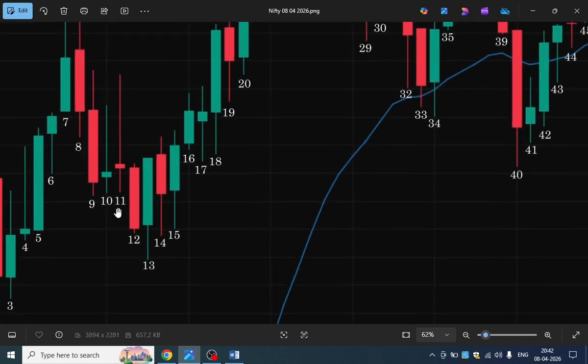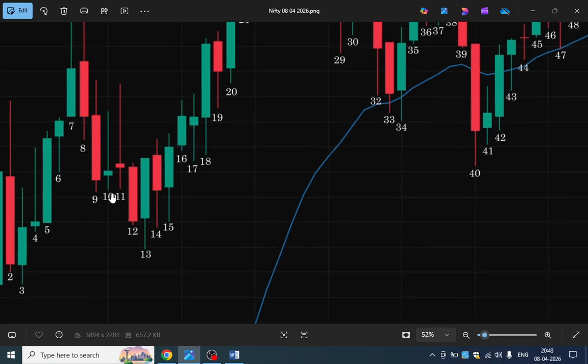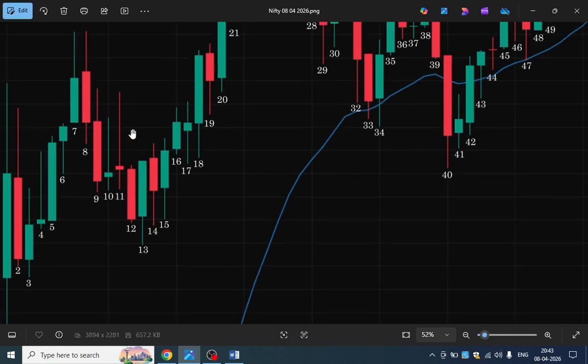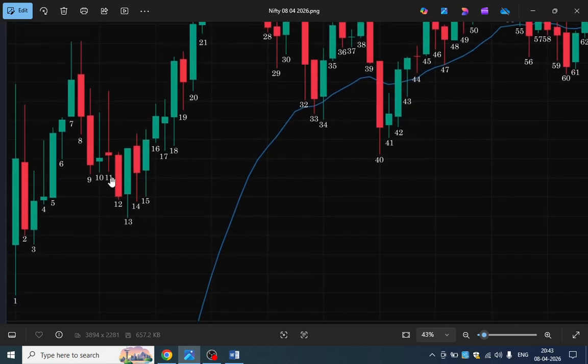As you can see at bar 11, there was a big rejection from the bulls, and the bears tried to take control. Sometimes this happens when institutions or FIIs want to trap traders, thinking that below this there will be a good move downside and people will sell or go short below it.